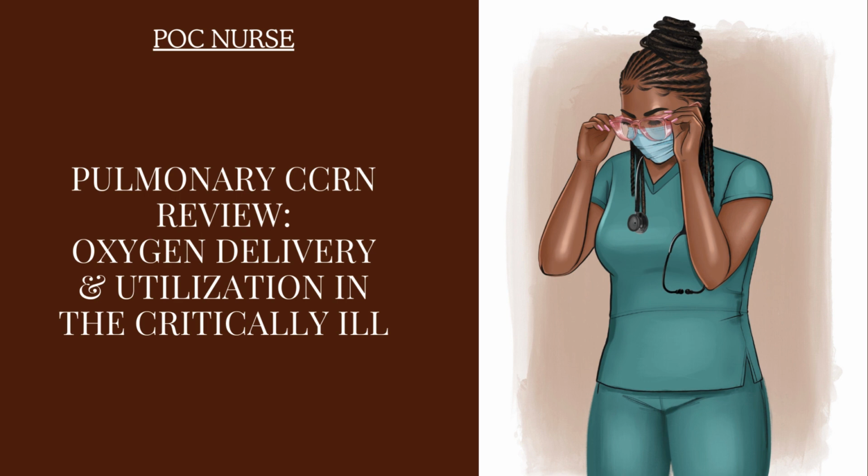There are different parameters that are used to measure oxygenation in a patient, and it's important to know what they are and their normal values and the letters, so to speak, that represent them, because you might see it on an exam and it's important to know the significance of it, what it means to you in answering that question.